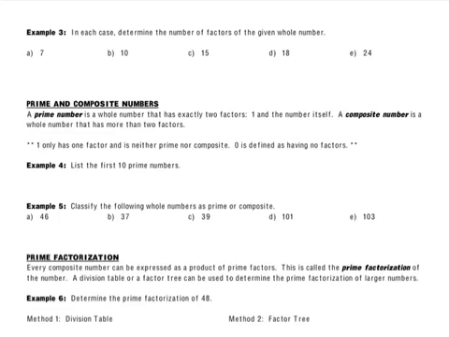So let's look at the first one, 7. Well, 7 is only divisible by 1 times 7. So it has two factors. 10 will be divisible by 1, also by 2, by 5, and then 10. So that would be 4.